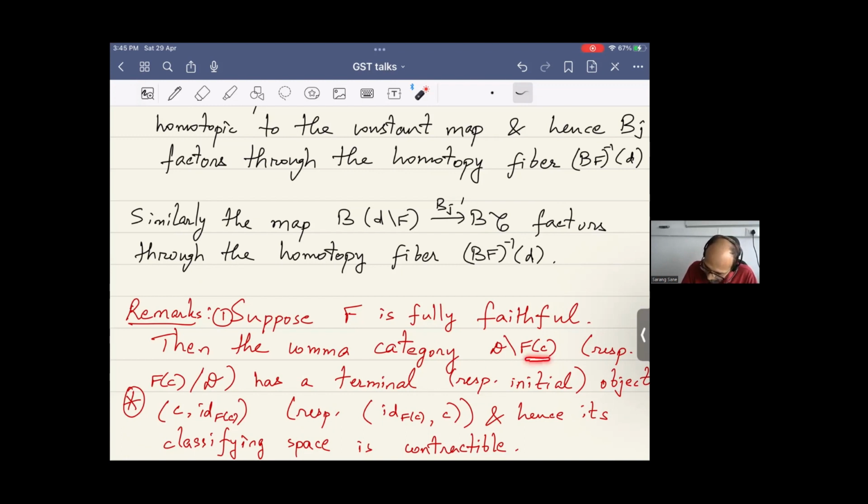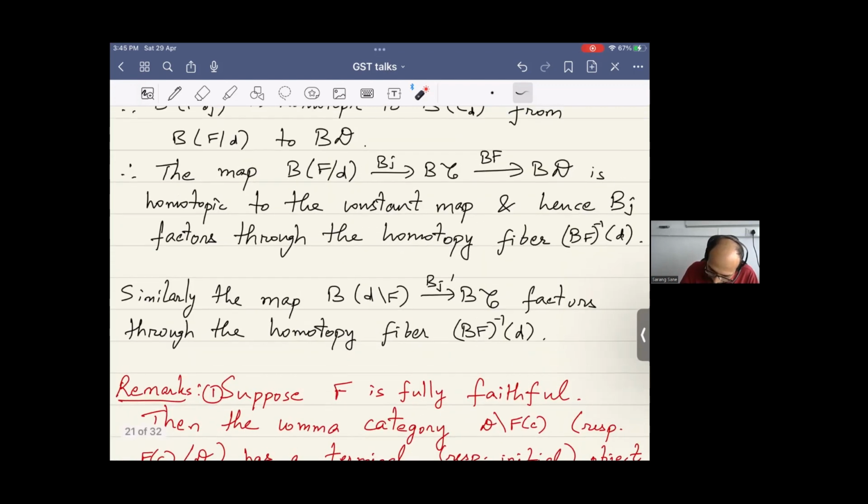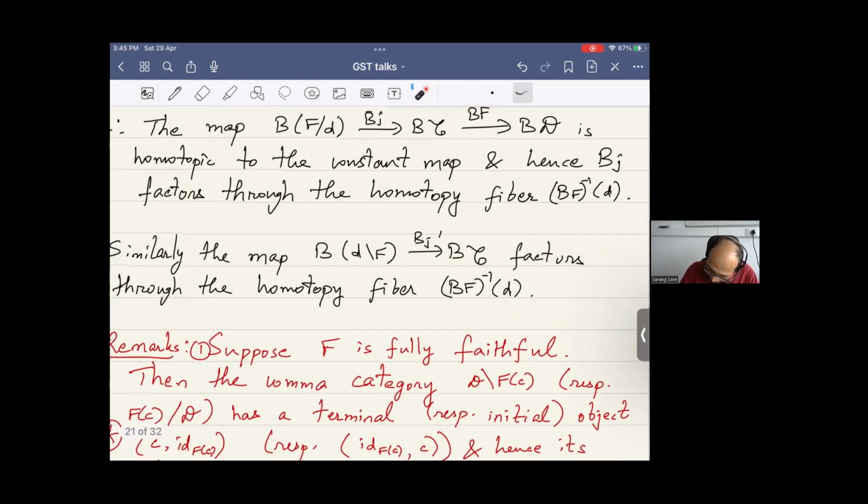Note here that I have not defined this. So my bad.